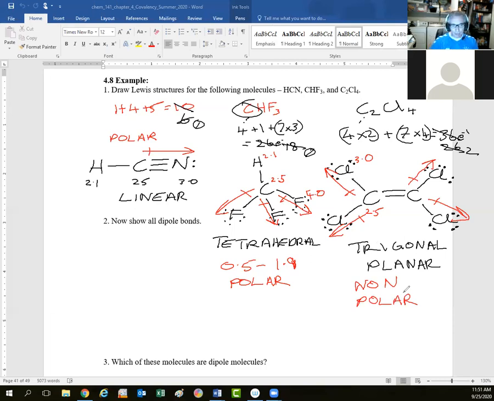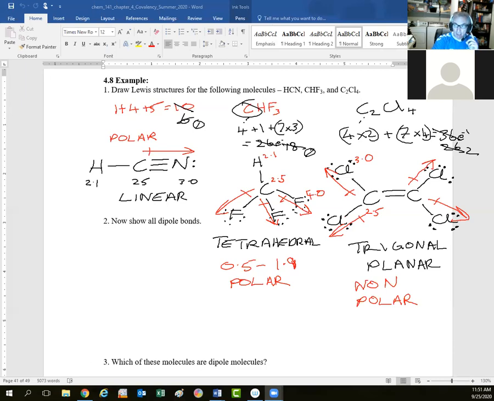Any questions about those 3? Doing okay? It's definitely the trickiest part of the chapter, looking at the polarity of the molecules. You'll recognize polar bonds because there's an electronegativity difference from 0.5 up to 1.9 inclusive. If the molecule doesn't have any polar bonds, then the molecule is non-polar.